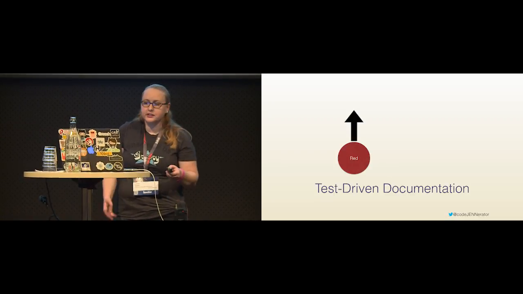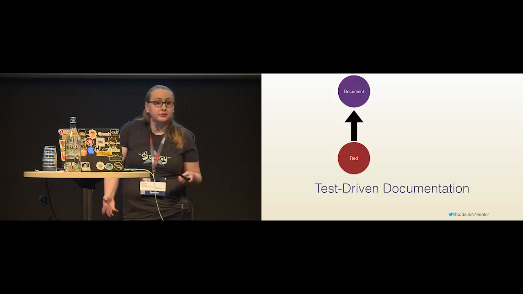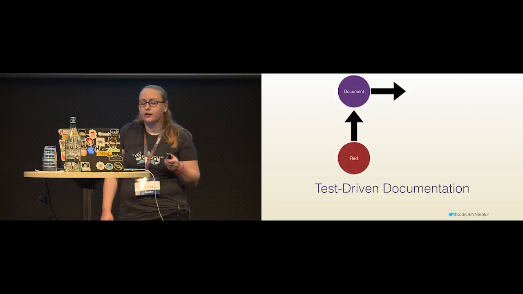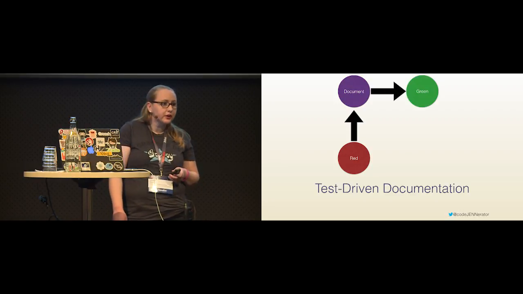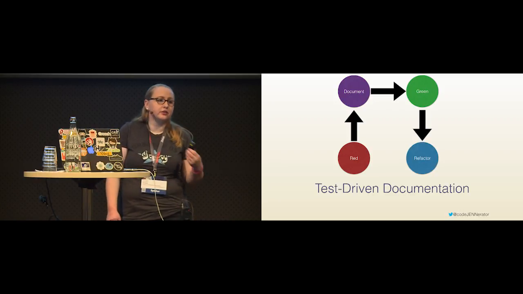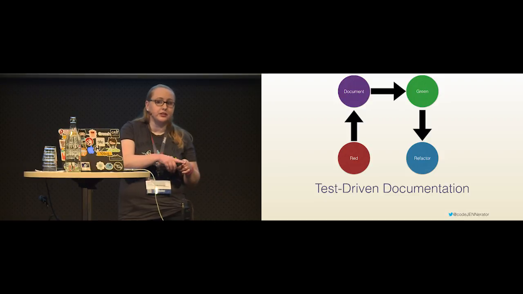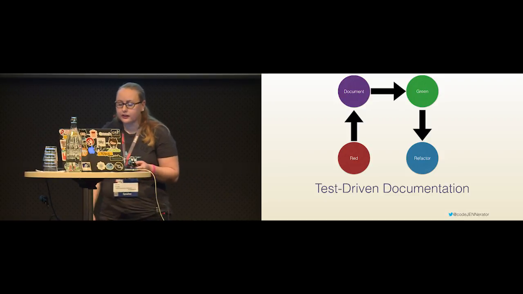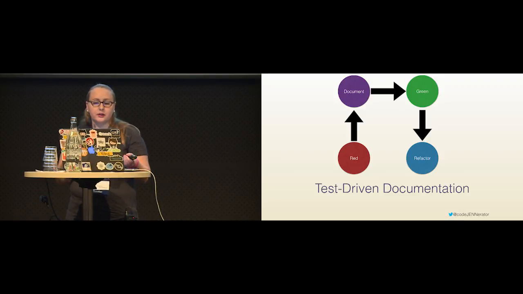You start with your failing test. You have to add some documentation in order for your test to go green. Once you refactor, your tests are going to start failing again. You have to fix your documentation, and you end up in a pipeline that makes sure that your documentation and your actual implemented API are in sync.